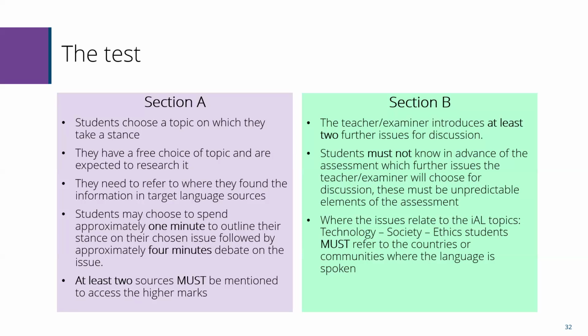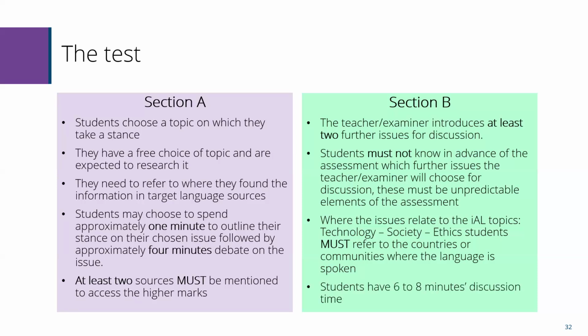And really for the higher marks there, it's not enough just to say in Spain, in France, in Germany, and then go on to talk about something which is a kind of a global issue. They should have examples from there as well. And quite often those topics generate almost the most effective section Bs, really.